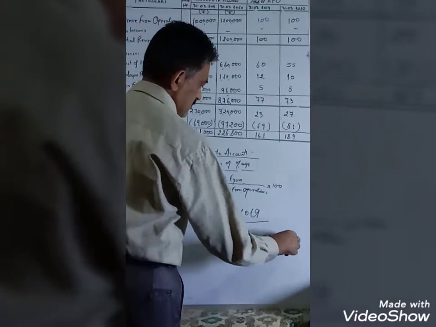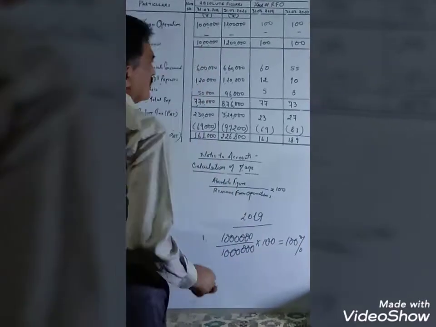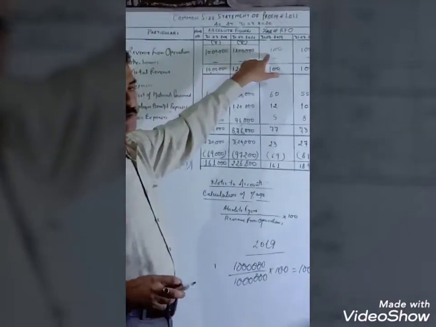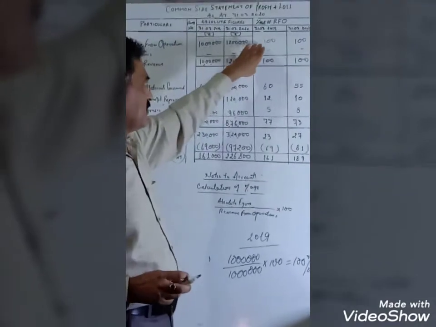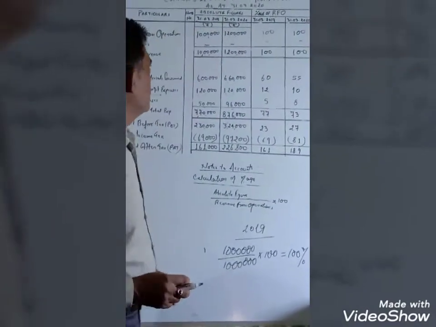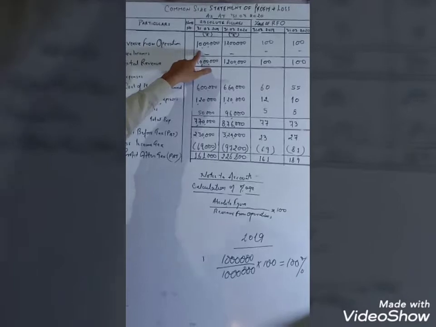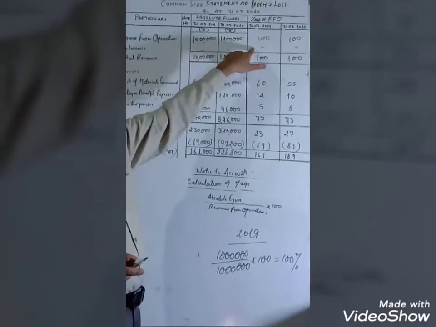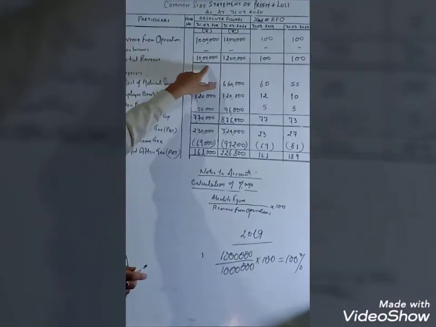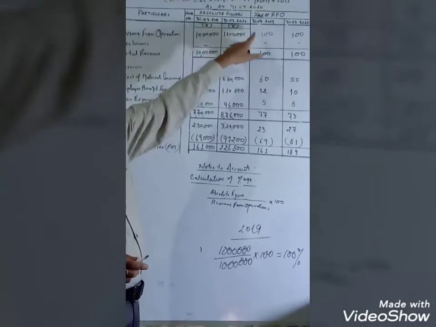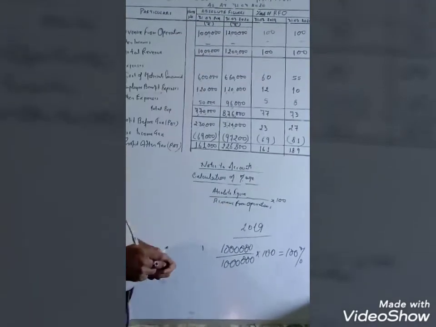So this will be 100%. So we will write here 100%. This will always remain 100%. Now other incomes are nil, then no percentage will be calculated. And total revenue is also similar, so the percentage will also be 100%.